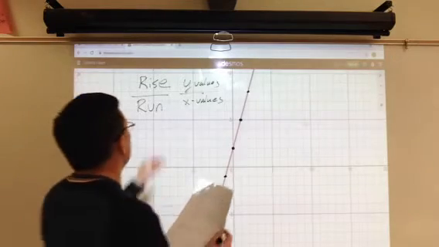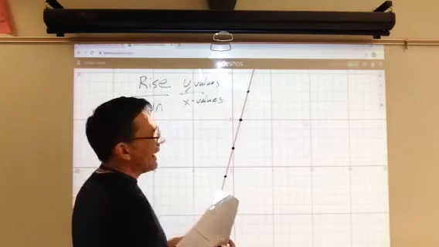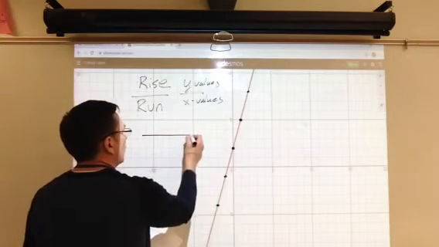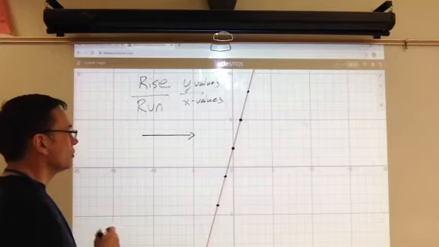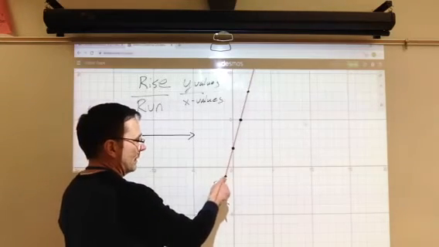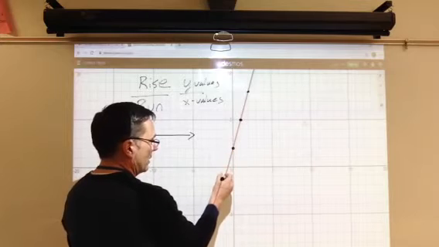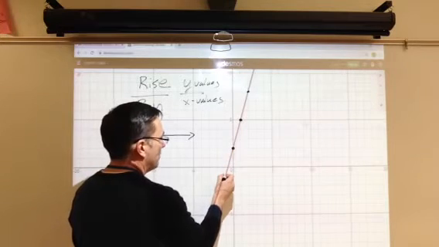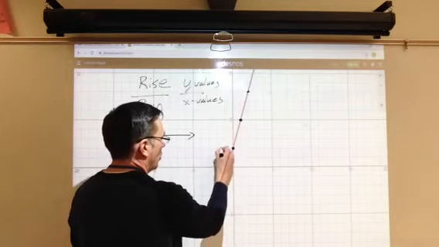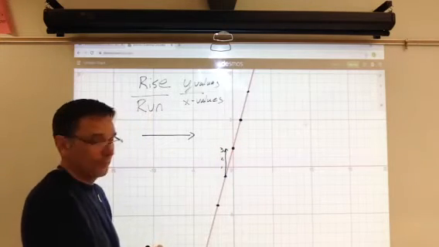Now when we calculate this, we always start with the rise. And again, we're reading this left to right. So pick any point. Let's say I want to start right here. In order to get to this point, I need to go up, and I'm going up 1, 2, 3 units up.